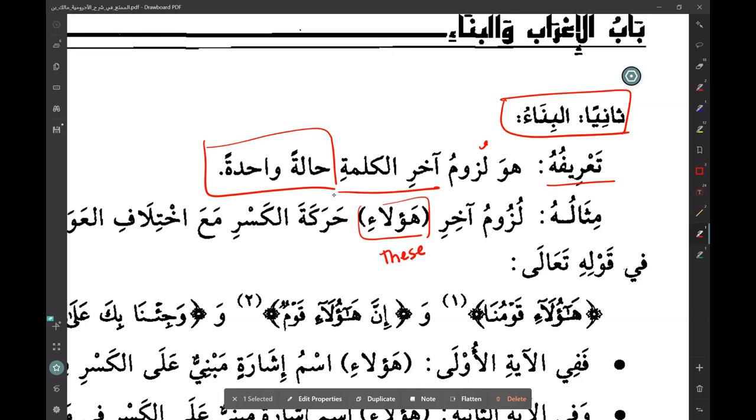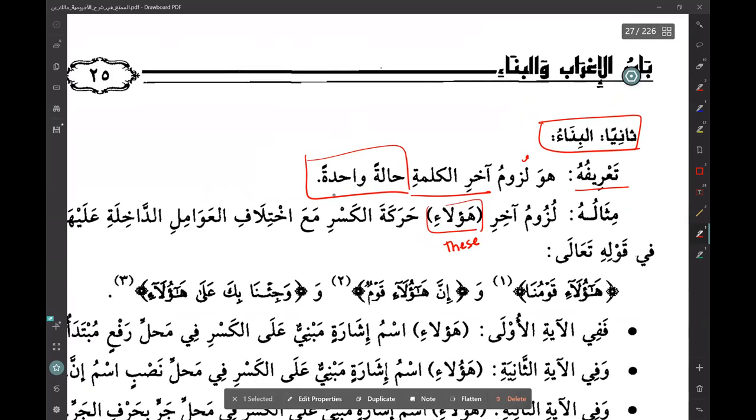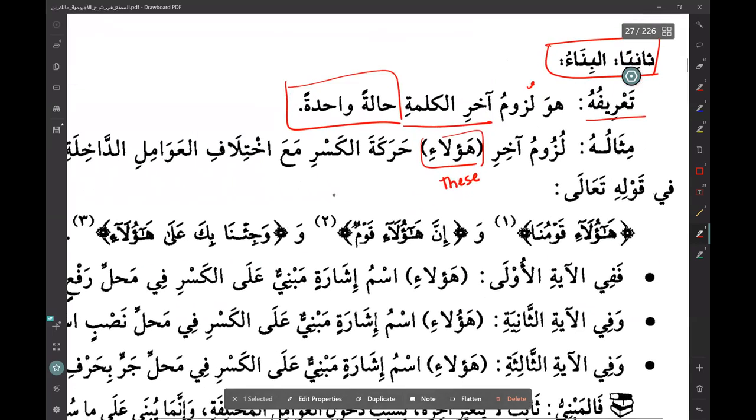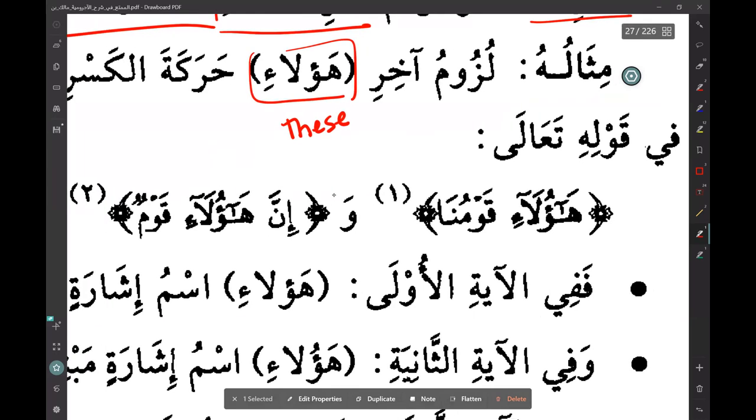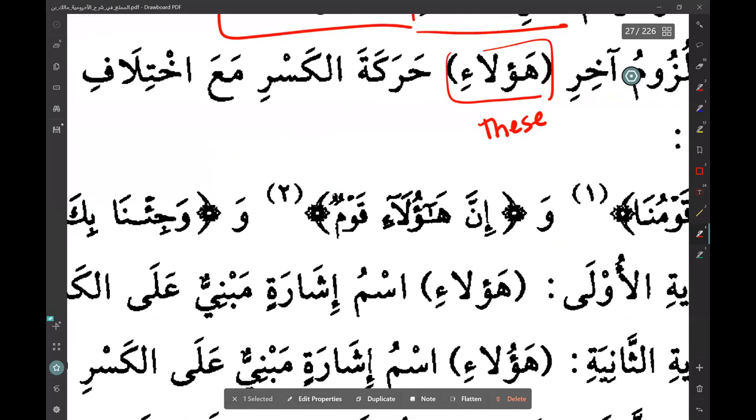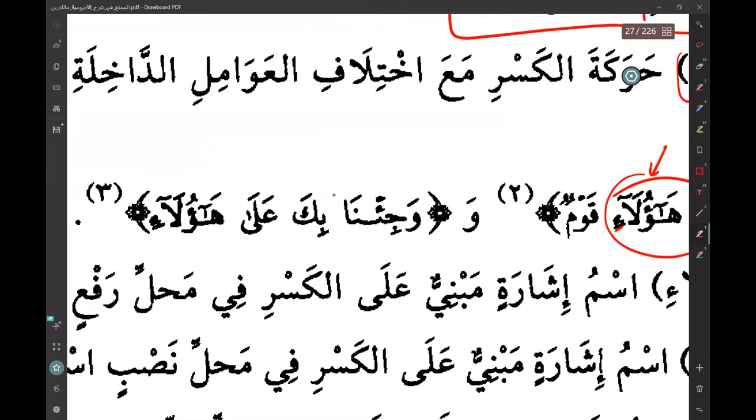Now, this is ismul ishara, and he gave us very nice examples, again from the Quran: ha'ula'i qawmuna. Again, you see the hamza has kasra. Inna ha'ula'i qawmun. Right now we're not studying inna, because when inna comes, it should be in the mansub state, but nothing is changing. Wa ji'na bika ala ha'ula'i.